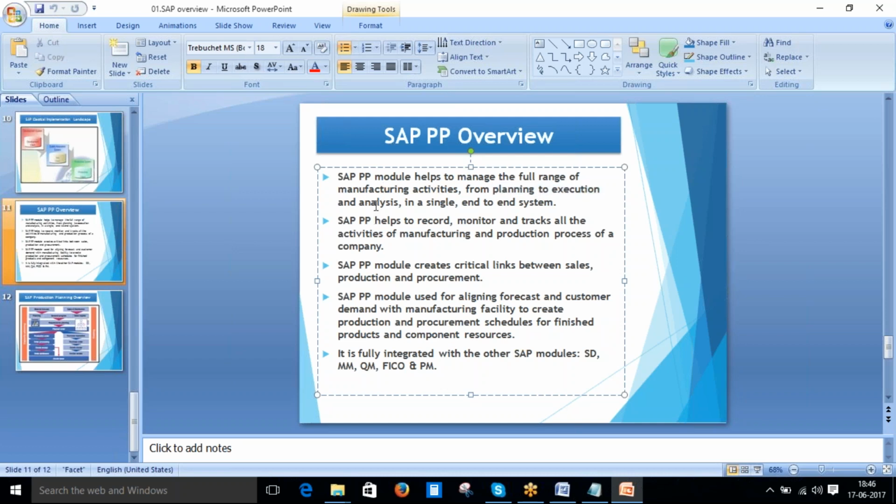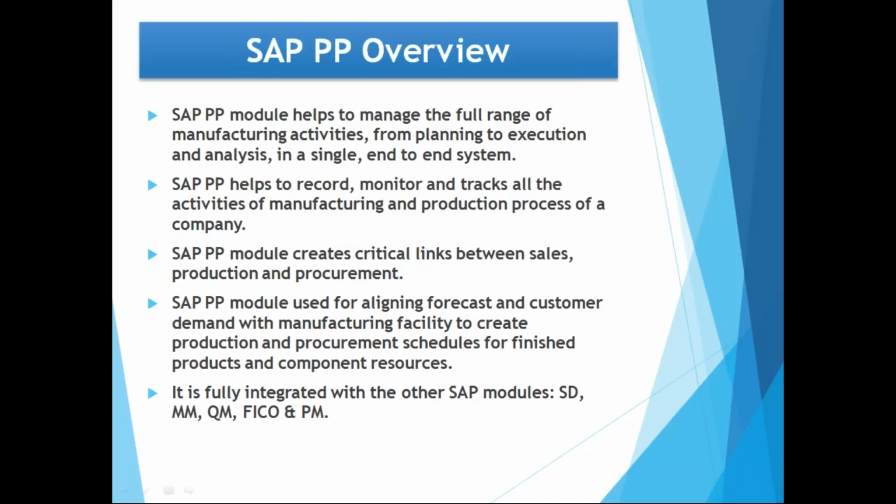The SAP PP module helps to record, monitor and track all the activities of the manufacturing and production process of a company. Using the PP module, you record all your manufacturing activities in the system, and you can monitor and track them. This PP module acts as a critical link between sales, production and procurement.